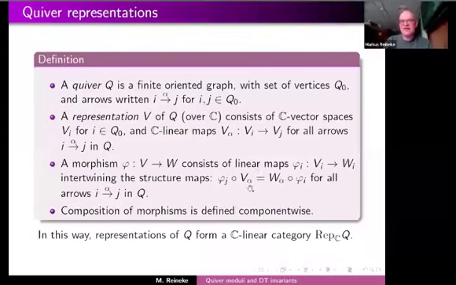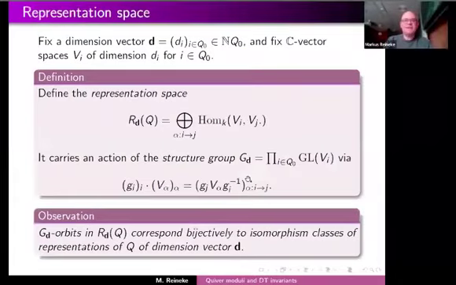And now look, if these phi's are invertible, then you can get W_alpha as phi_j V_alpha phi_i inverse. Phi_j V_alpha phi_i inverse equals W_alpha. That's precisely this adjoint type action. And so here you see that if these linear maps are invertible, then one representation is produced out of the other by this adjoint type action. So let me go back to this. So that's the proof of this observation that the orbits for this group action correspond bijectively to isomorphism classes.